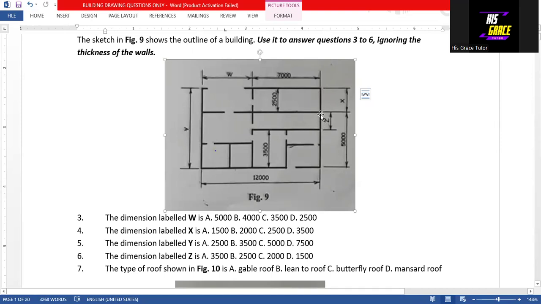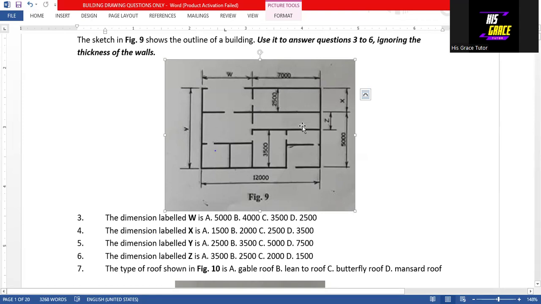From here to here we have 3,500 plus 2,500, which gives us 6,000.